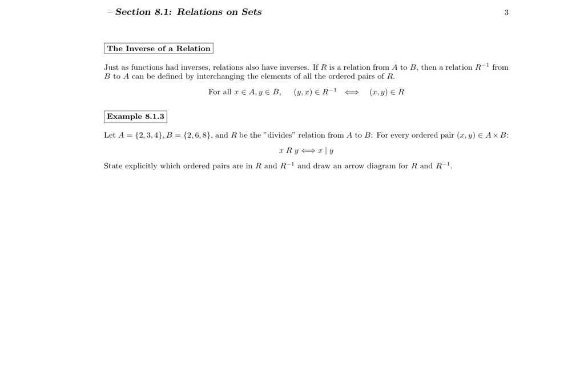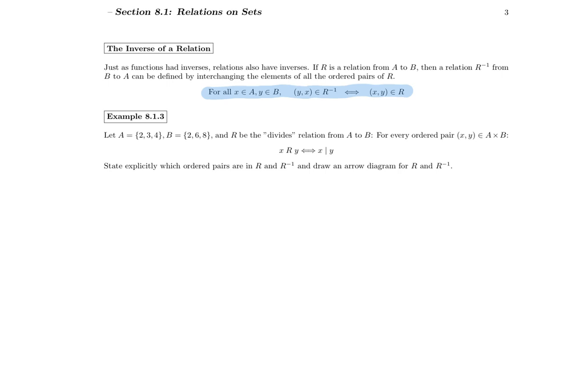If we have a relation R that is a relation from A to B, then the relation R inverse from B to A can be defined by interchanging the elements of all the ordered pairs of relation R. What that means symbolically is that for all elements X in set A and all elements Y in set B, the ordered pair YX is in the inverse relation if and only if the ordered pair XY is in the relation.